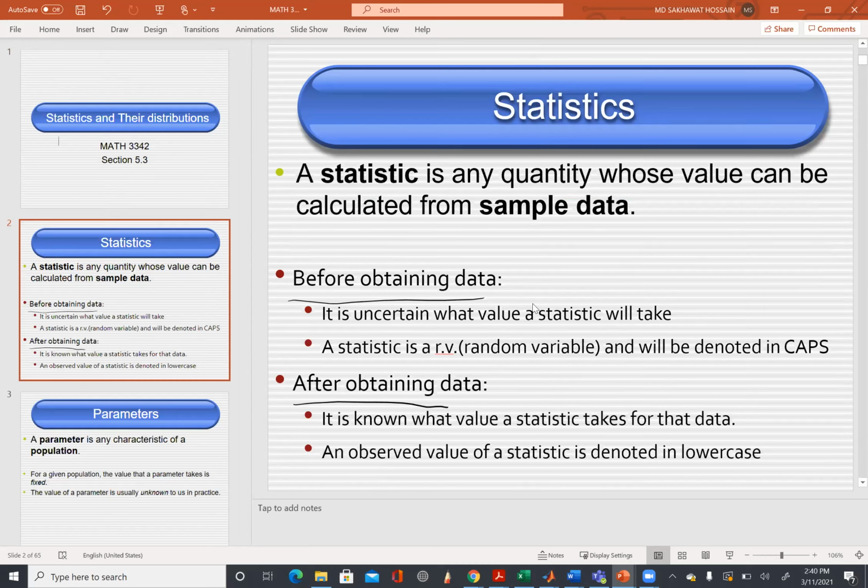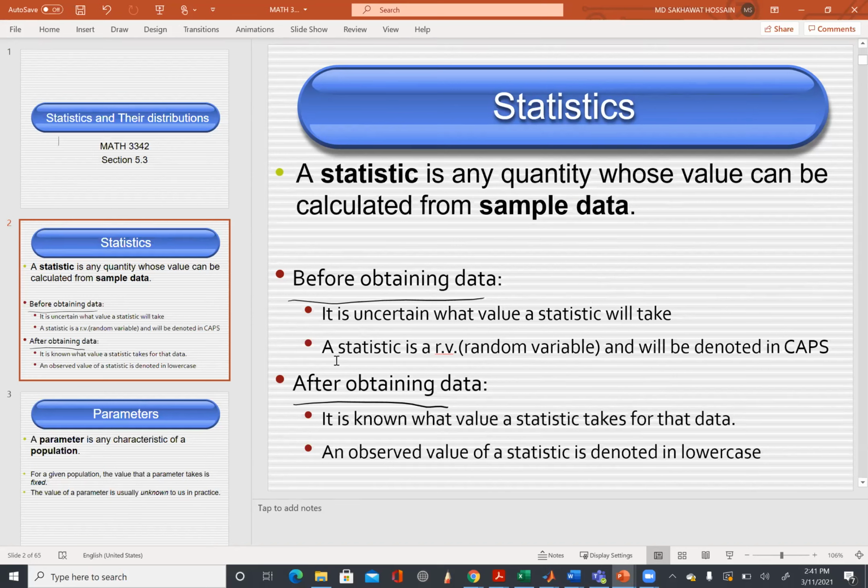So before selecting those 10 students, or those 10 scores, we do not know the value of the average, right? Once we select the 10 scores, then it is certain what will be the value of the average of midterm for these 10 students. But before obtaining the data, it is uncertain because we do not know which 10 students are going to be selected.